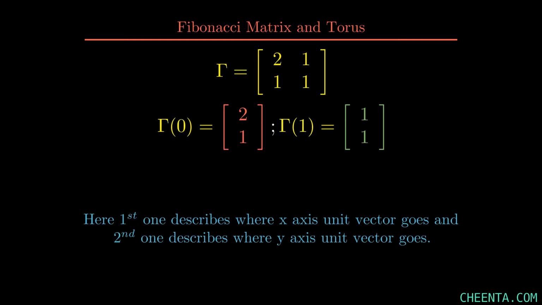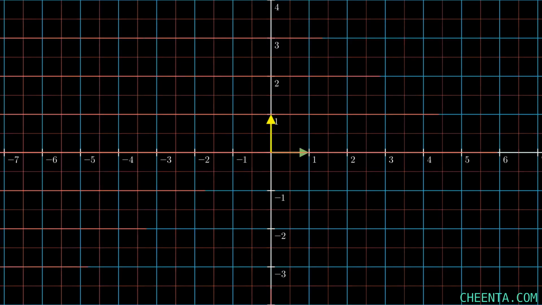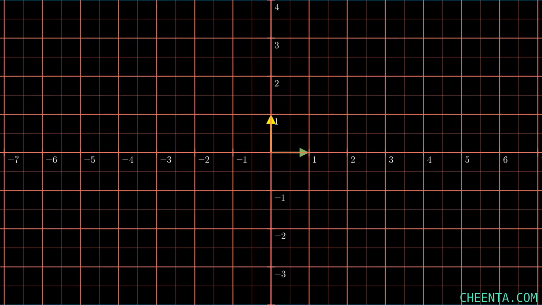Let's see in a more visual way what I mean by this. To understand how a matrix represents a transformation, I have taken this 2D grid. Let's take an arbitrary matrix, just like this one: 3 1 and 2 minus 2. Like any other 2 by 2 matrix, it has 2 column vectors, 3 1 and 2 minus 2.